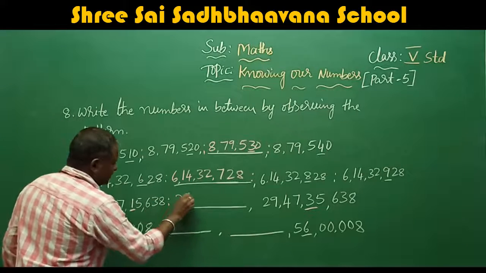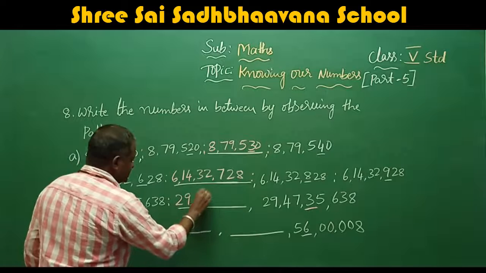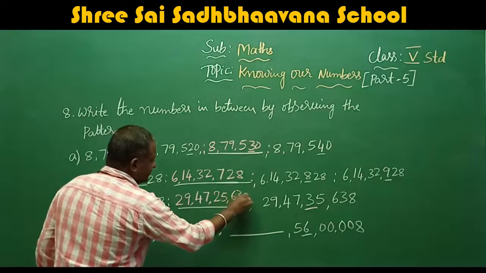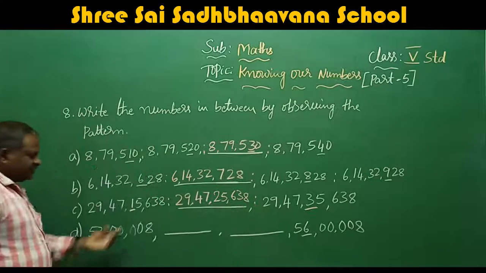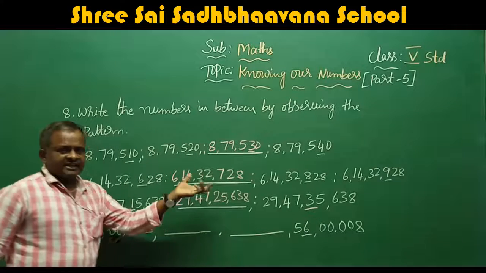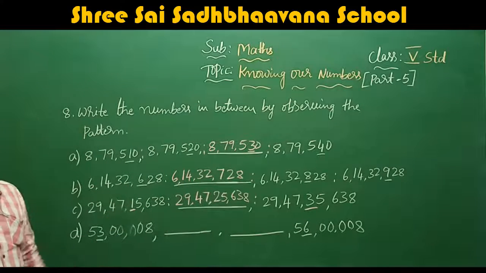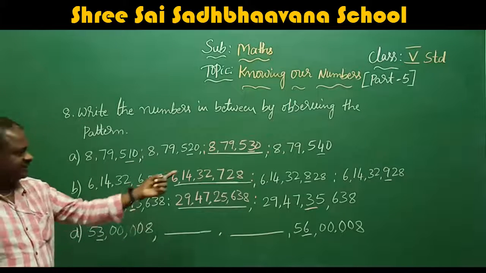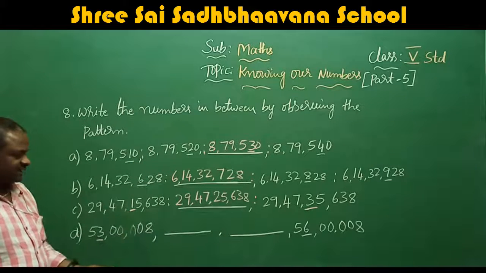You write the number 29 crore 47 lakhs 25,638. So 15,000, 25,000, 35,000. That means increasing by 10,000. That is the pattern. Here 10,000 they are increasing, here 100, here 10,000.